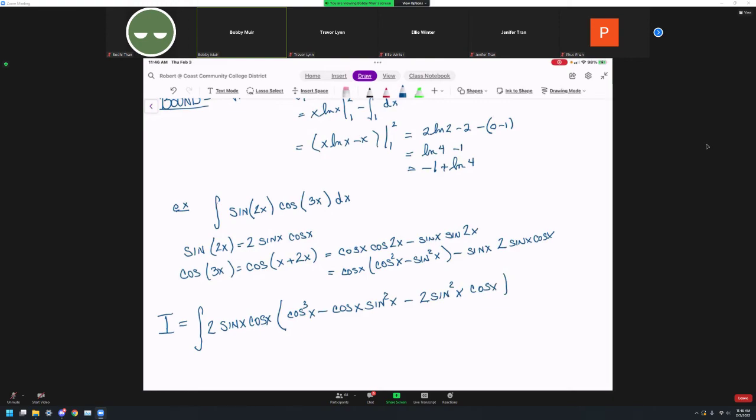And these look like they can be combined, right? So I'm going to get a 2 outside here, and then sine x cosine cubed x minus 3 sine squared x.